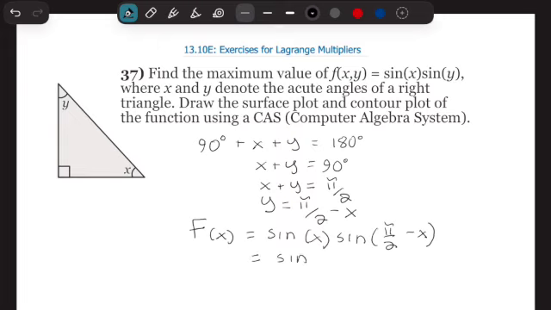So we have sine x cosine x. And this is actually equivalent to another trigonometric identity. Sine x cosine x equals 1/2 sine 2x.